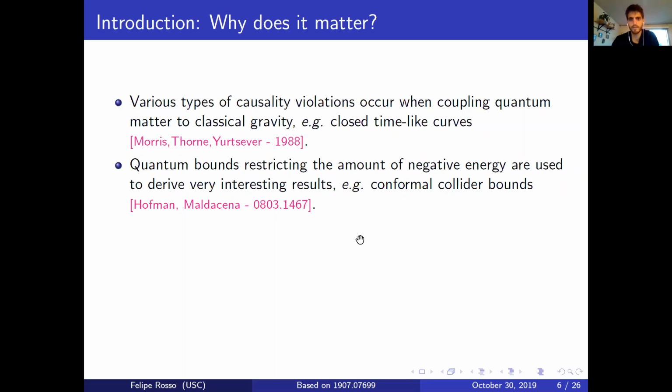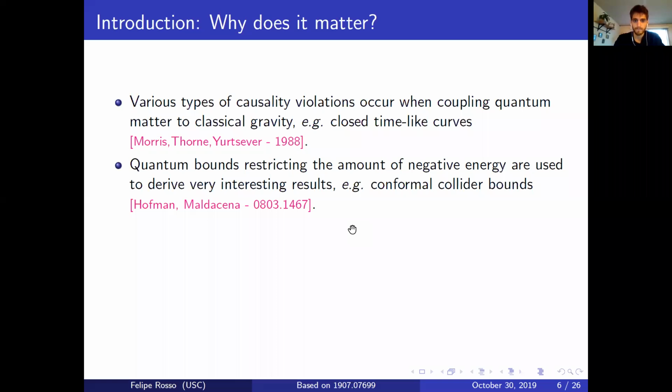And the second reason I want to give you of why this is interesting is, once this feature was noticed, people have been deriving bounds, trying to restrict the amount of negative energy that is allowed in a field theory. This is to say, we have to live with the fact that any field theory will have negative energy. We want to restrict how much negative energy we can actually have in a certain field theory.